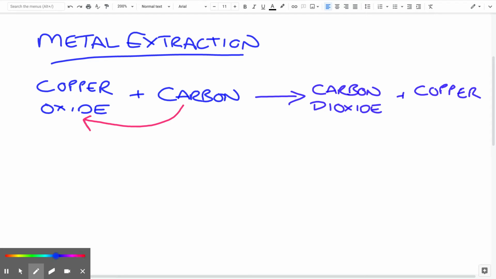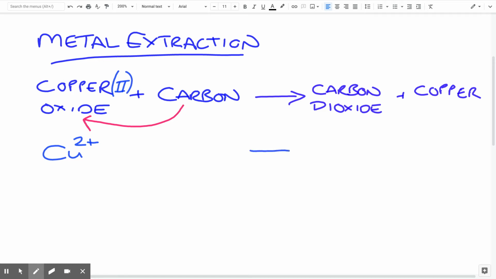If we were to then look at this equation in its ionic form, so we take the ions, or more importantly, just the metal ions, we can look at the copper 2+ ion. Copper oxide is present as the copper 2 oxide in this example, and it is going to produce copper metal, copper 0 with a neutral charge.